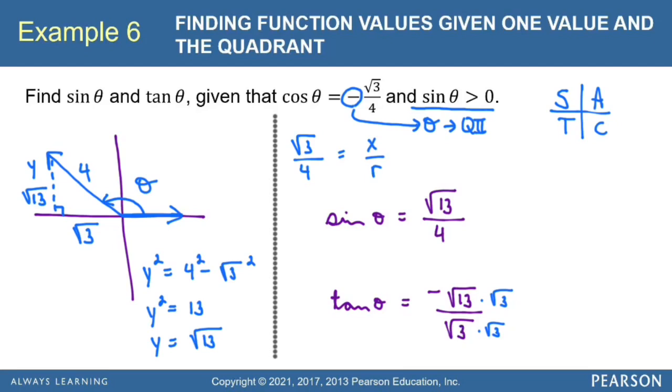To multiply radicals together, you just multiply what's under them. So square root of 13 times square root of 3 would be square root of 39. Don't lose your negatives. So we've got negative square root of 39. And then in the denominator, we've got square root of 3 times itself, which is just 3. And so that's the final form for the tangent of theta.